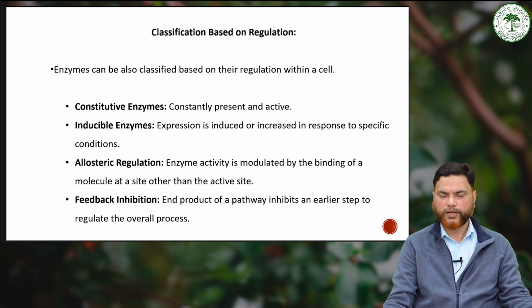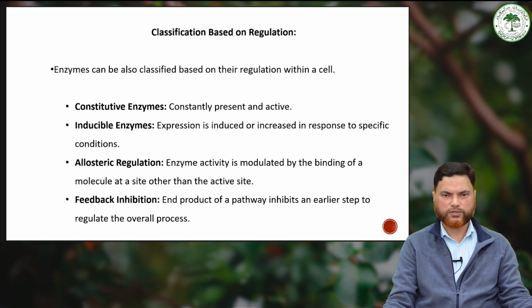However, when lactose becomes available, it serves as an inducer, causing the synthesis of beta galactosidase, which then breaks down the lactose into simpler compounds that can be utilized by the bacteria. So basically, this mechanism demonstrates the principle of adaptive enzyme production, where enzymes are synthesized only when required, thereby conserving energy resources. Now, the third is allosteric regulation.